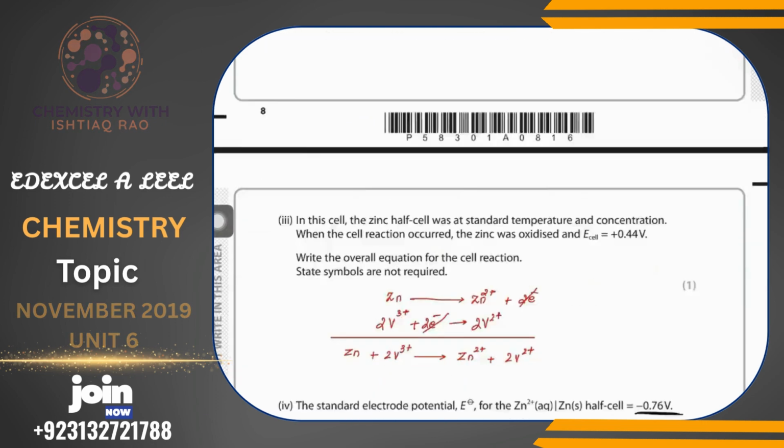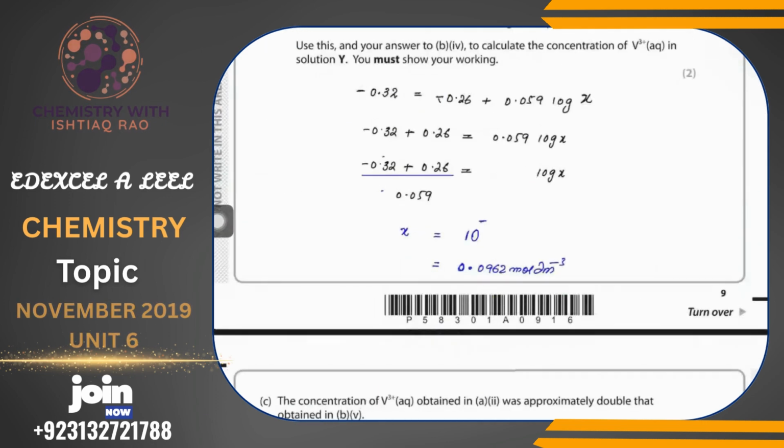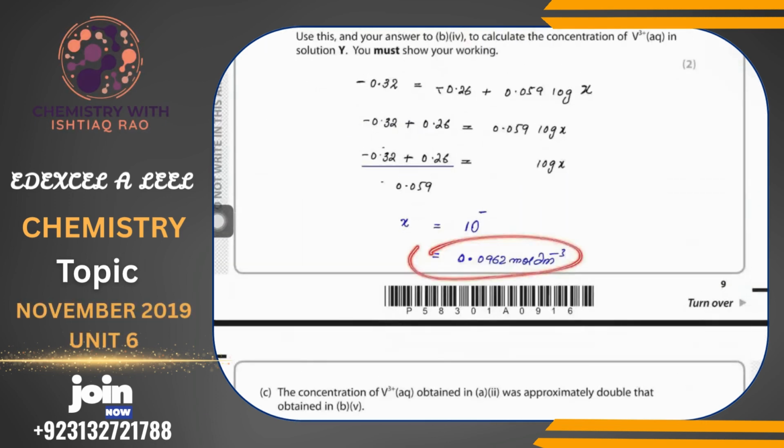When we calculated this one, we got this, so why are they different? Is this lower or higher than the previous one? Lower. The concentration becomes lower. Volume and concentration are inversely proportional: when the volume becomes higher, the concentration becomes lower.